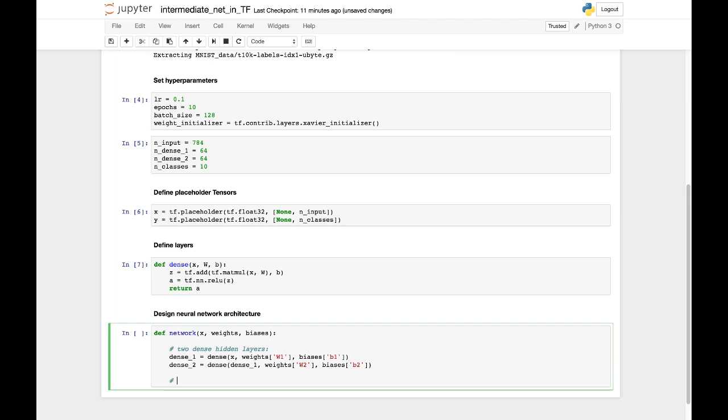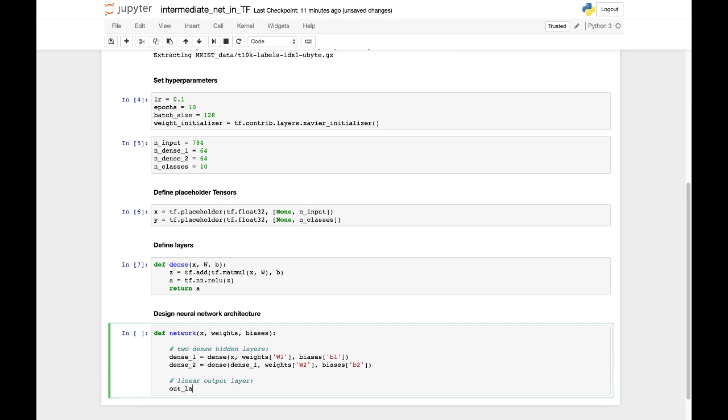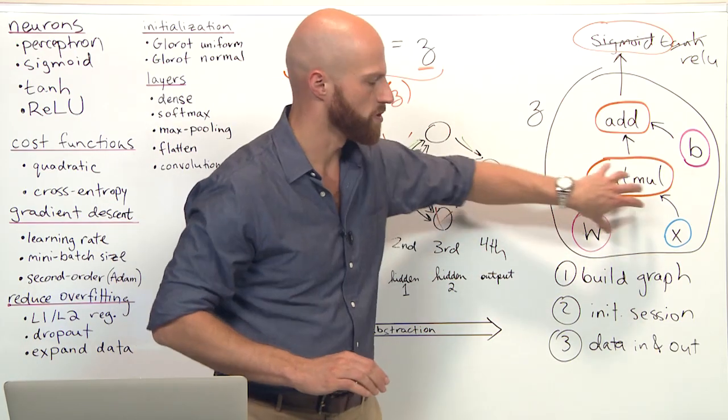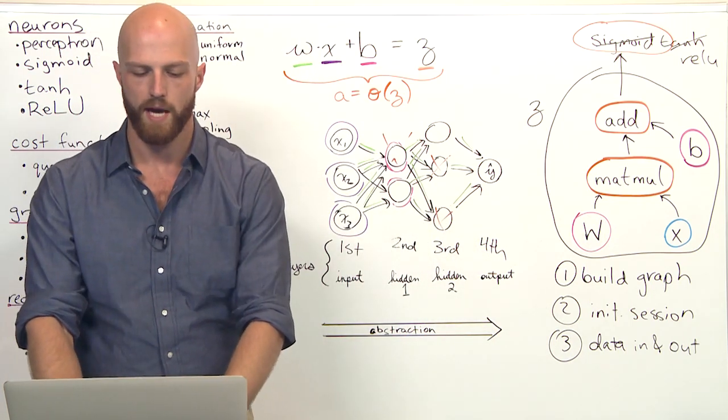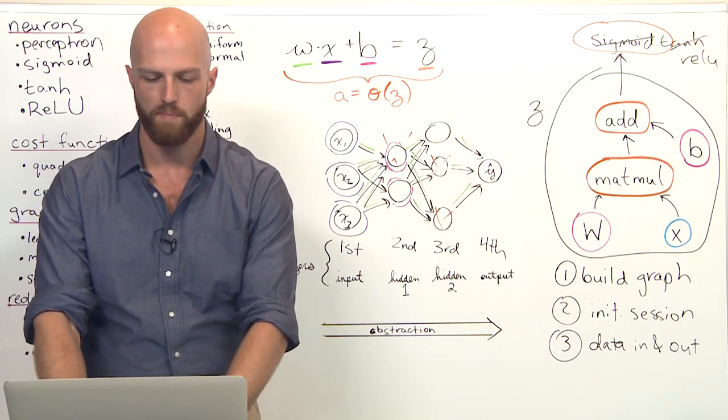And then we have a linear output layer that's softmax output layer. And this is going to be the Z of the output layer. So it's just going to be this portion of it. We're not going to do the softmax activation on it. That'll happen in a separate step.